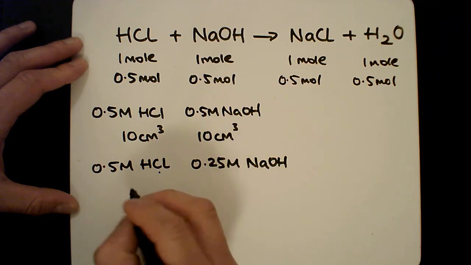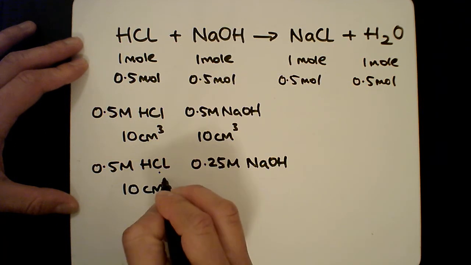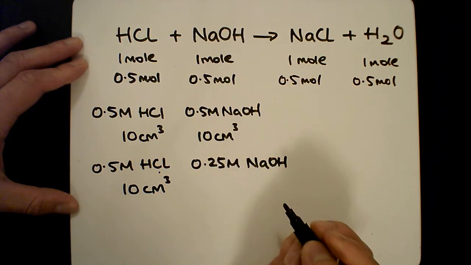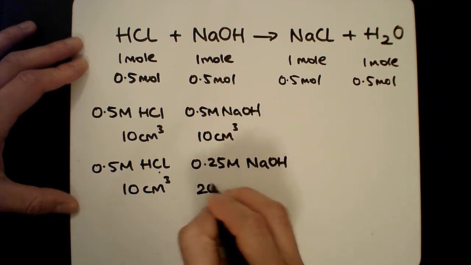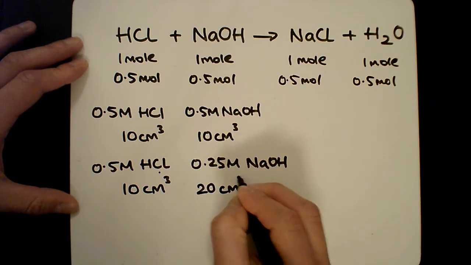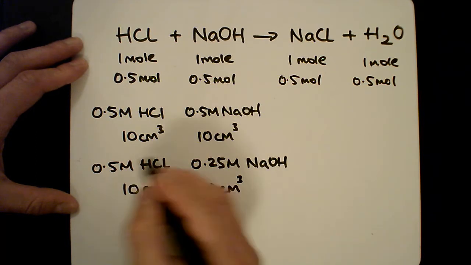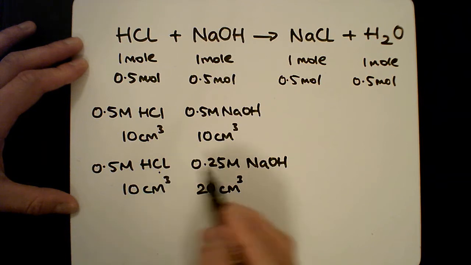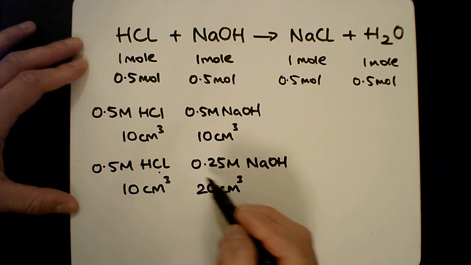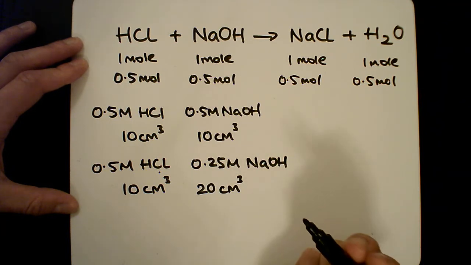For example, if we had 10 centimeters cubed of hydrochloric acid, we would now need 20 centimeters cubed of sodium hydroxide to completely neutralize our acid. Because the concentration is half, we need double the volume in order to neutralize that. I hope that makes sense.